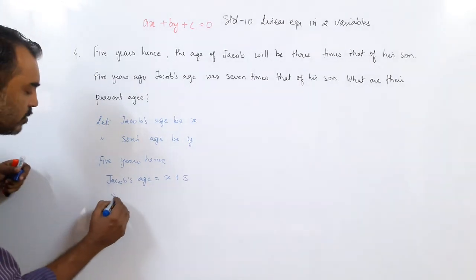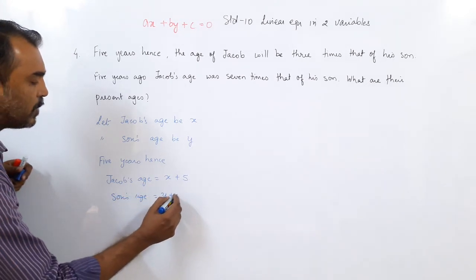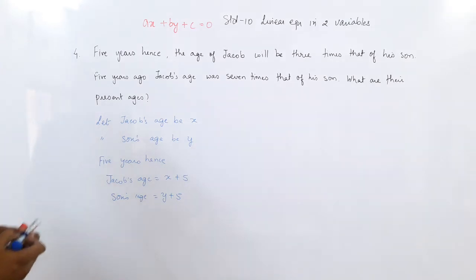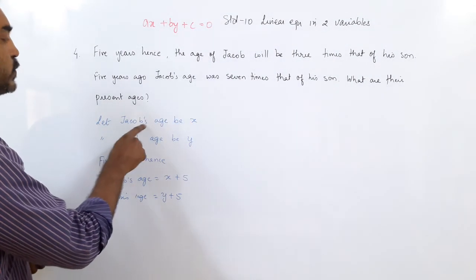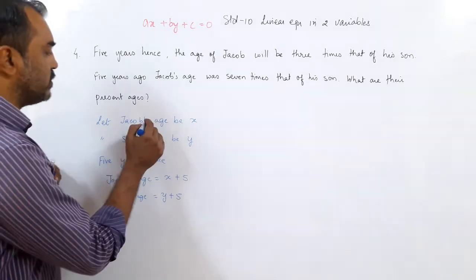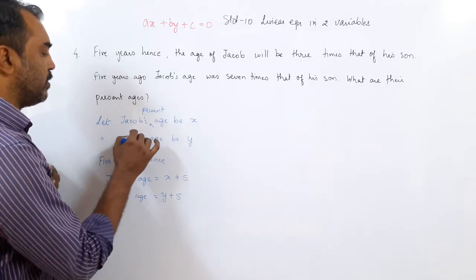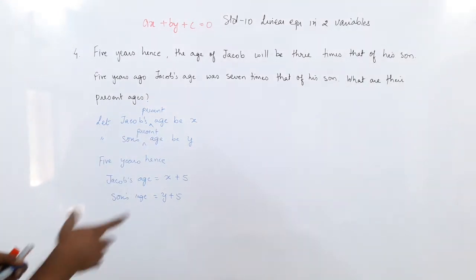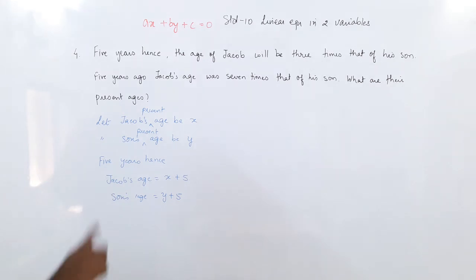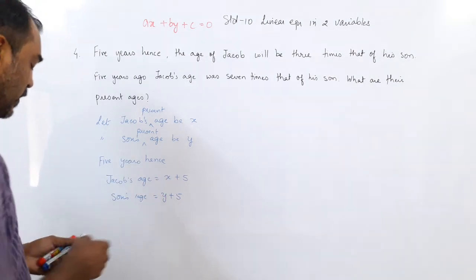In the same way, son's age will become y plus 5. That is when? After 5 years. Presently, we should write, let Jacob's present age be x and son's present age be y. So just now their ages are x and y. 5 years hence means 5 years later, Jacob's age would become x plus 5, son's age y plus 5.